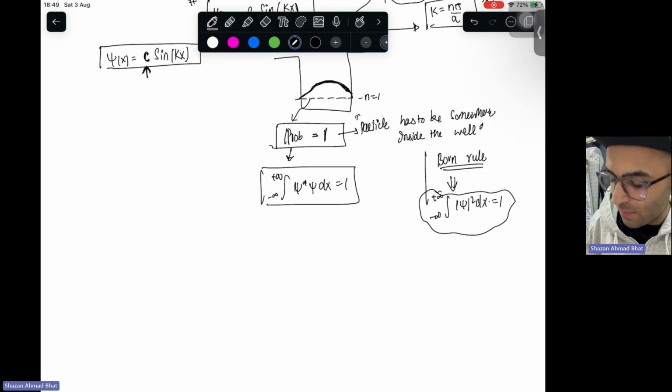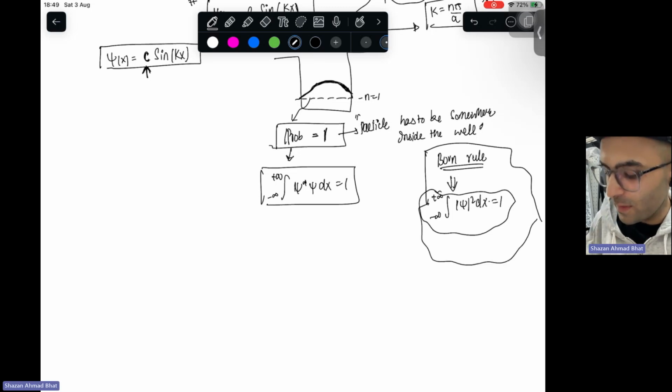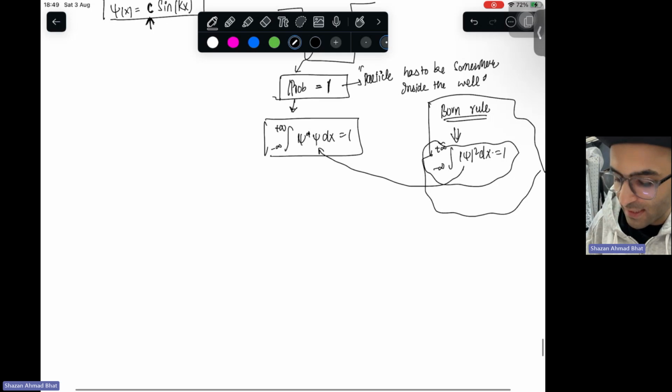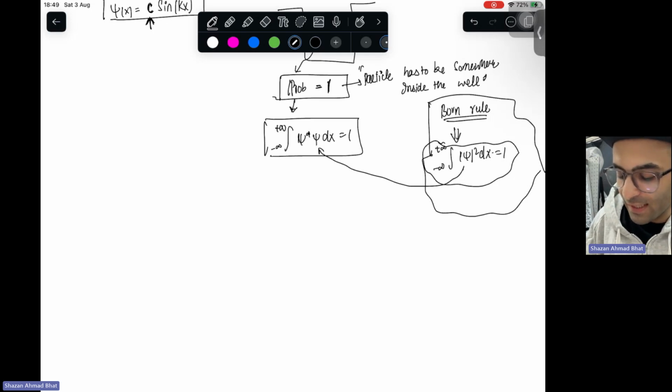That means the probability of finding a particle is 1, so the particle will be somewhere. That's why we write psi square as psi star psi, because the wave function can be a complex quantity.